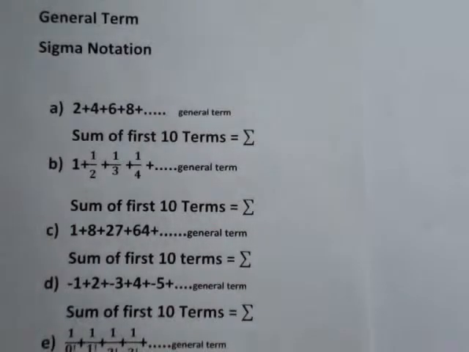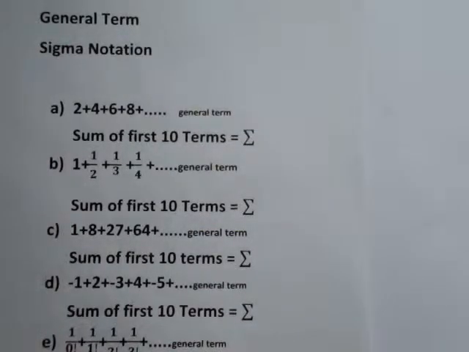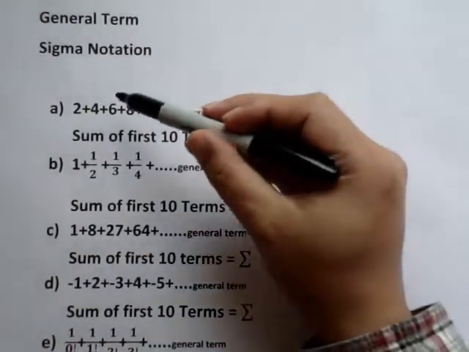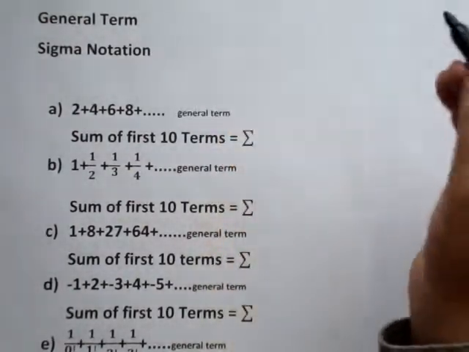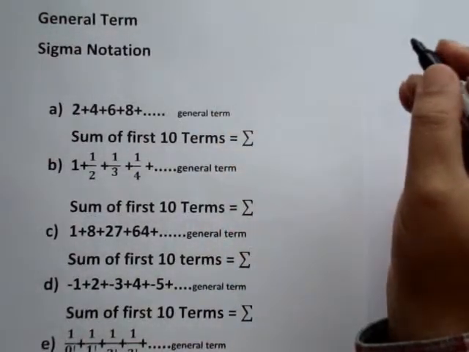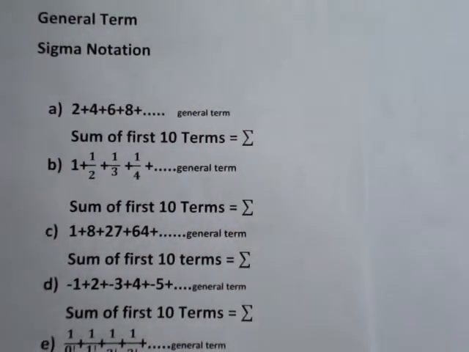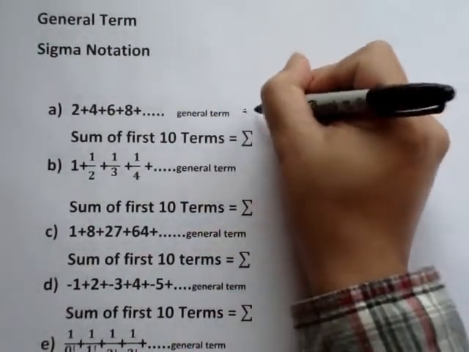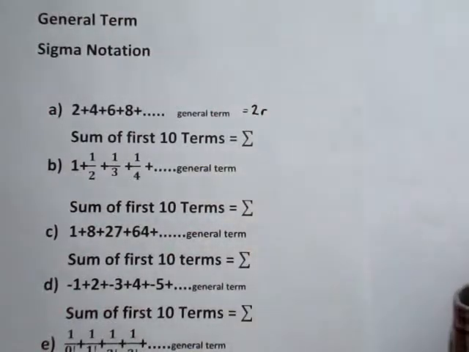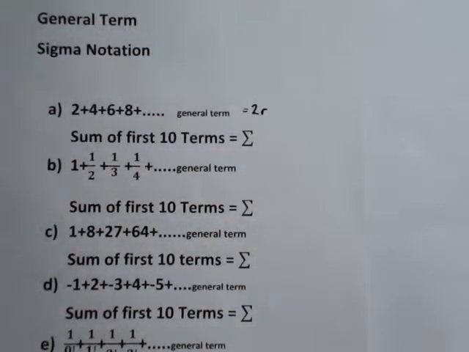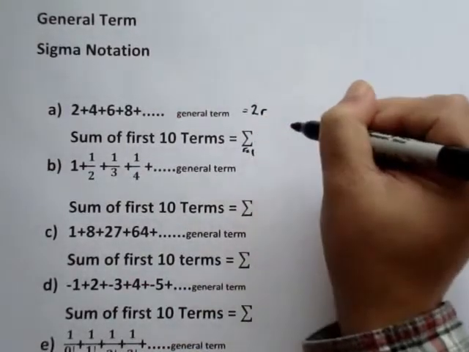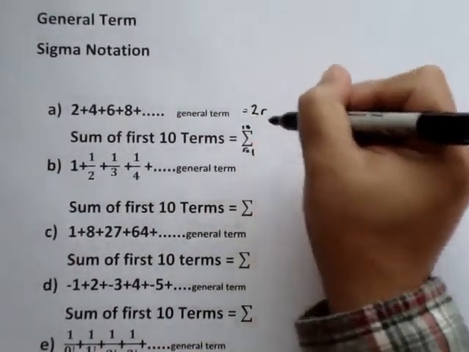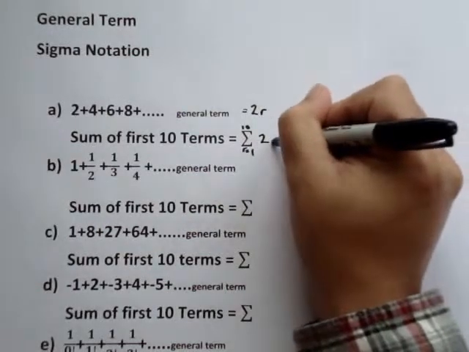Okay, let's have a little practice with sigma notation and the general term. So in the series 2 plus 4 plus 6 plus 8 and carrying on, the general term, as we discussed before, was 2r, and the sum of the first 10 terms can be written as the sum of r from 1 to 10 of 2r.